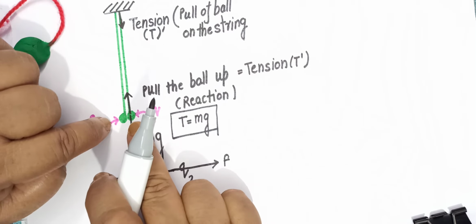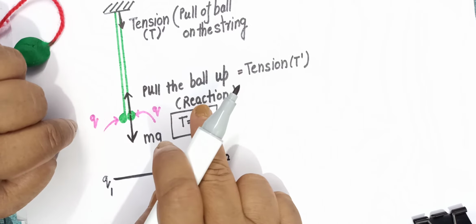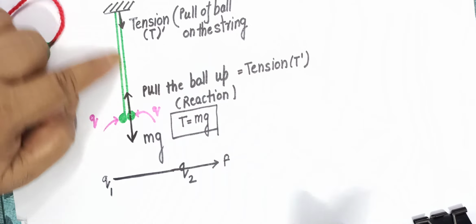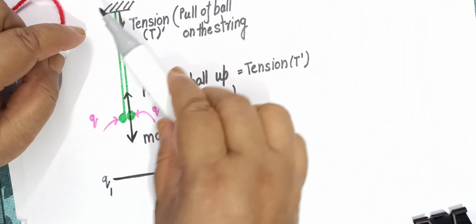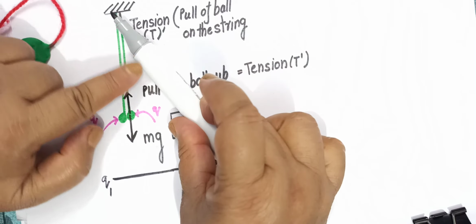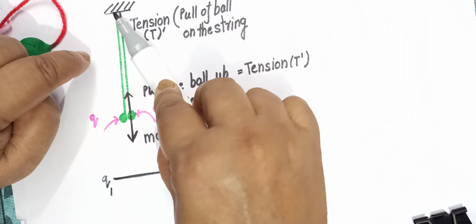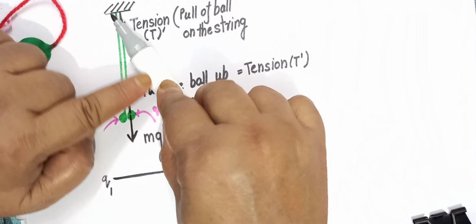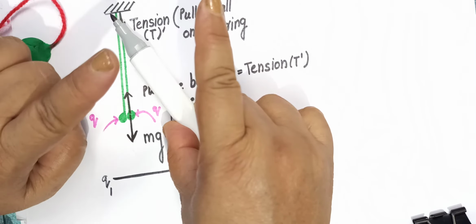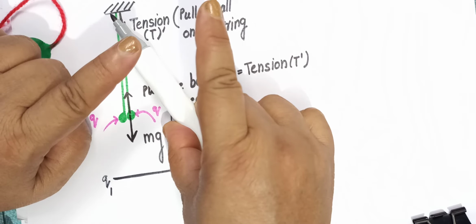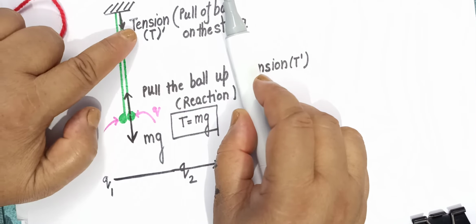Now when these balls start moving away, the orientation of the string will start changing. And when this orientation changes, the tension force will no longer remain T dash.